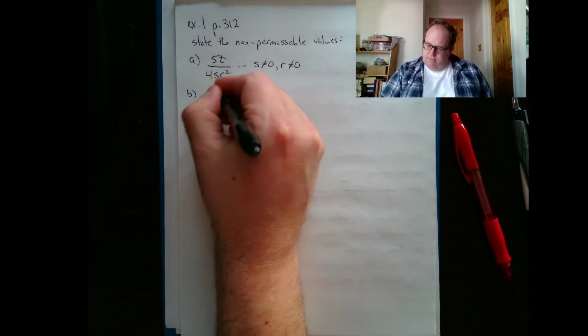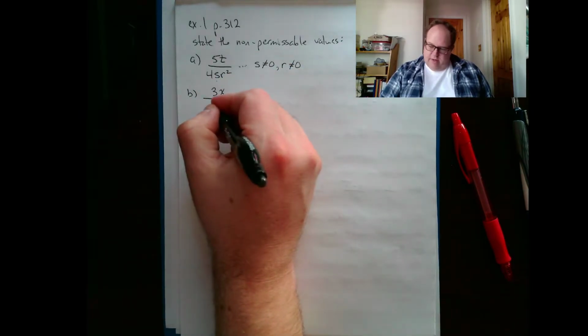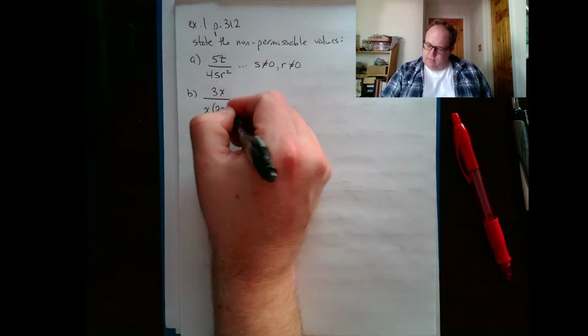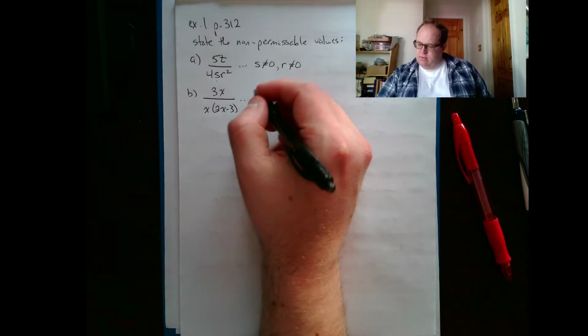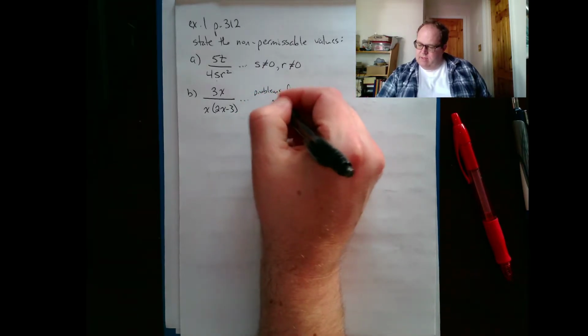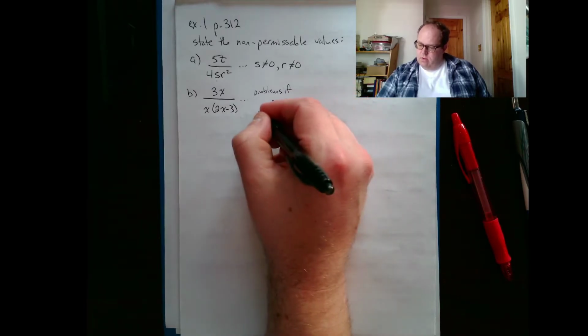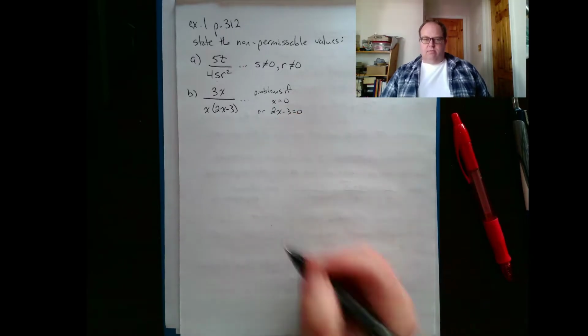Moving forward, in B, my expression is 3x divided by x times 2x minus 3. This is going to lead me to problems if x equals 0 or if 2x minus 3 equals 0.